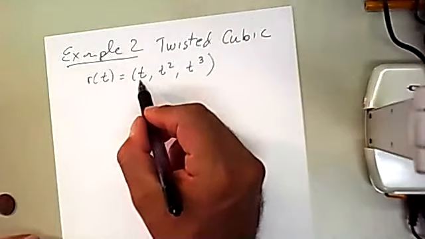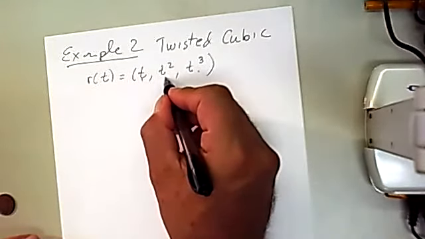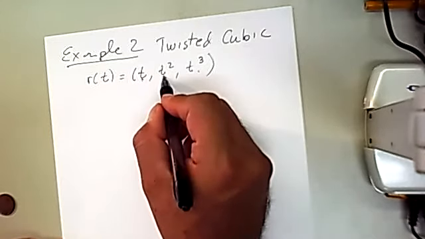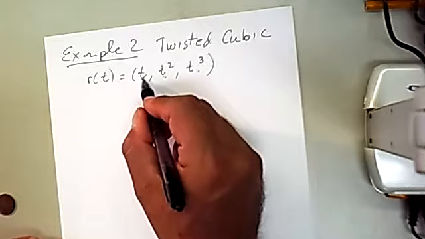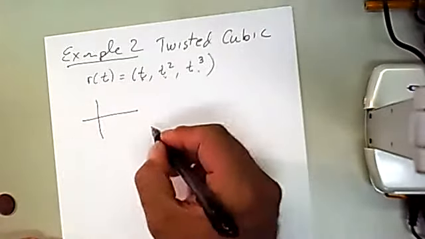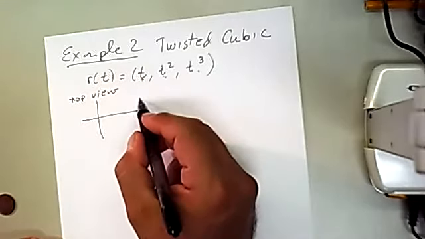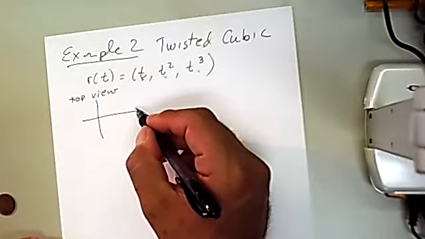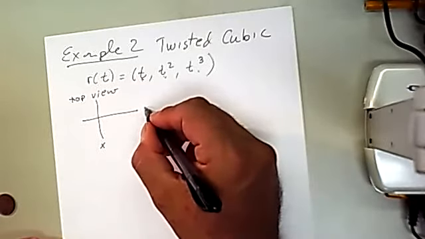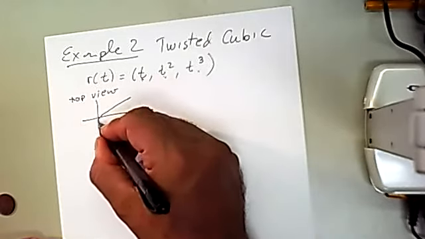So if we look at this picture from the top, so if you just look at the x and y components, we have sort of x and x squared. If we label this as x, then we have x and x squared. And so the graph from the top, so this is a top view, is a parabola. So the x-axis is here, the positive x-axis, and the y-axis would be there. And so we have a parabola.